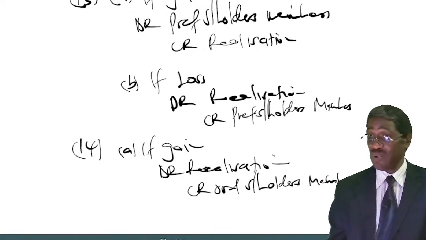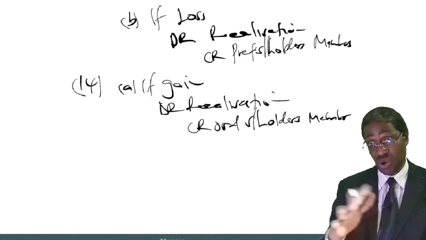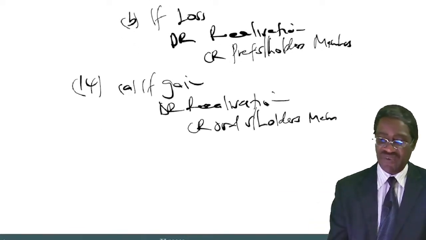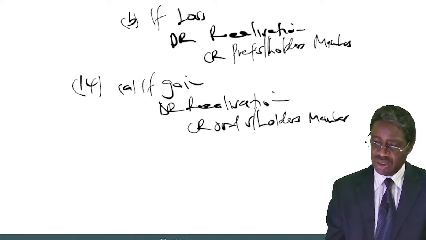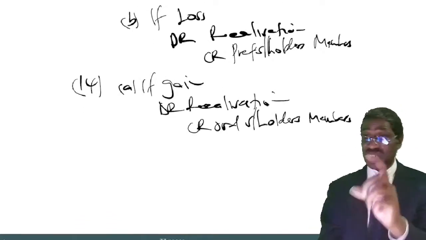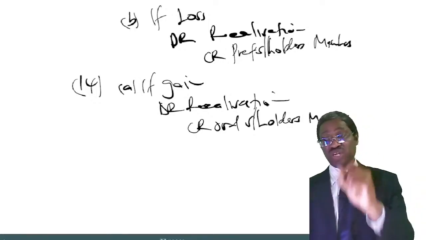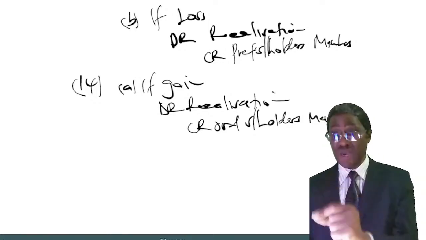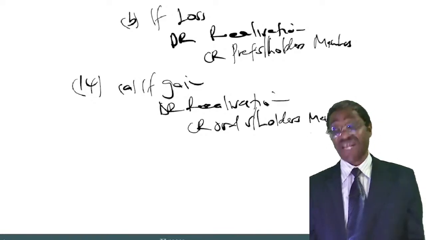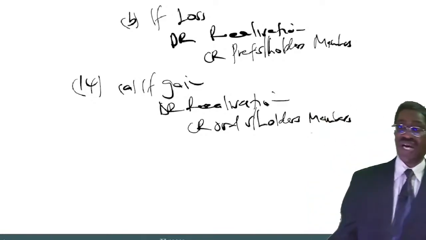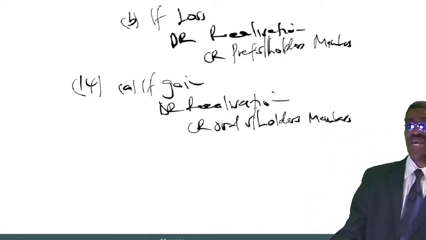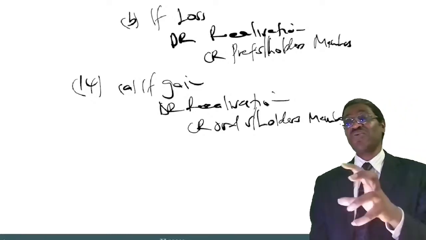Don't forget, this time you don't take it to the realization. We have already closed it. So we are giving the loss or the gain of selling the business to the members. So you debit realization, credit ordinary shareholders members. That's their gain. Can't take it to the realization. In fact, it's the one we are trying to close.